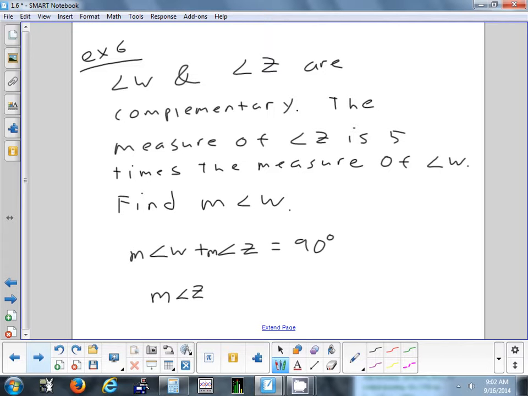So you could think of it as divided by 5. That's one way. Or, the measure of angle Z is. What does is mean in math? Equals. So the measure of angle Z equals, and then how would we translate this last part? 5 times the measure of angle W. So it would be the measure of angle W times 5. So now the measure of angle Z is 5 times the measure of angle W.